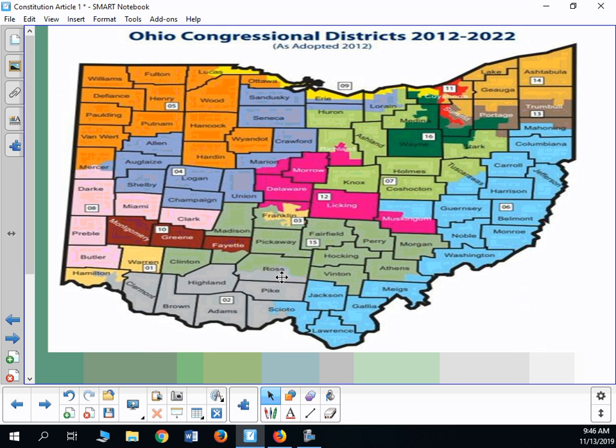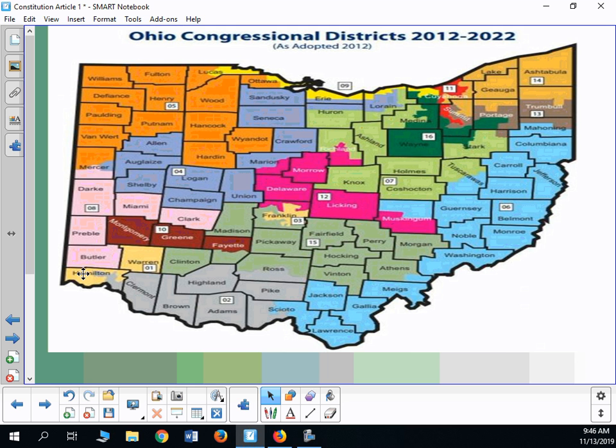And they are divided so that there are approximately a certain number of people in each district. So the districts, you can see some of them are quite small. 11 here is that small. 9 is rather small, very spread out, though.